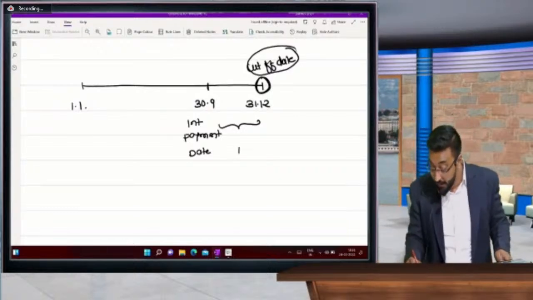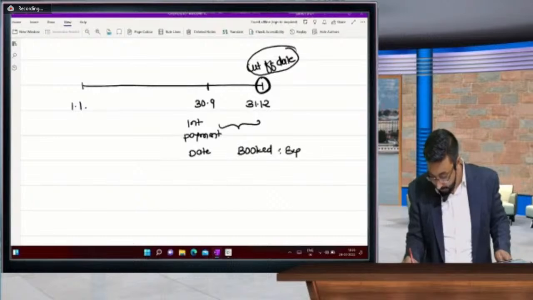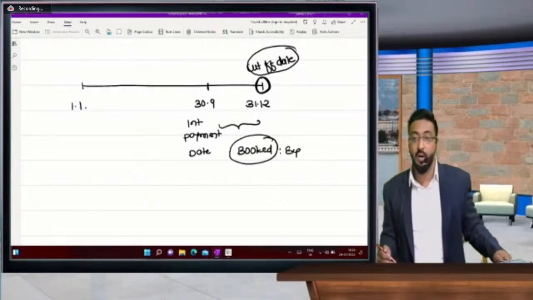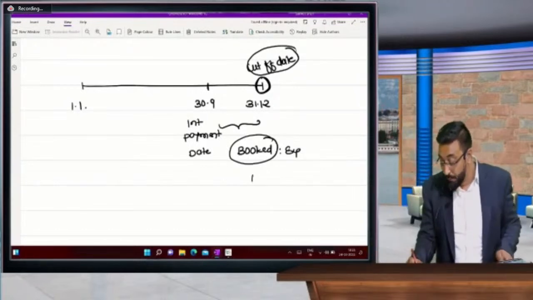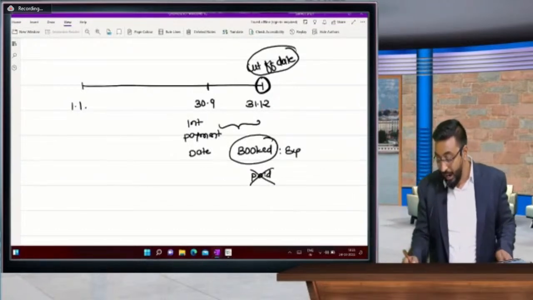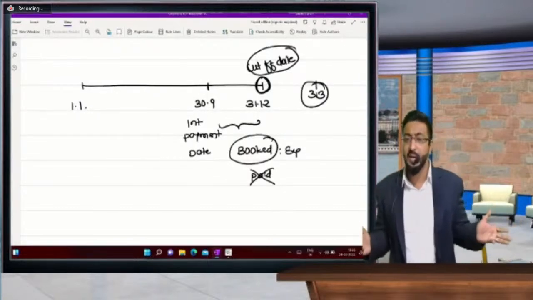We booked interest. Booked means we booked our expenditure, but we do not pay interest, because we are going to pay it on 31st of March. Our payment dates are fixed.